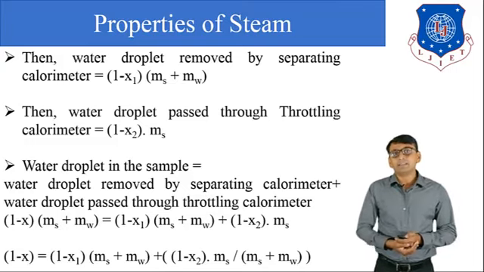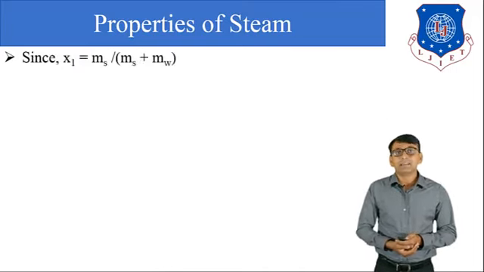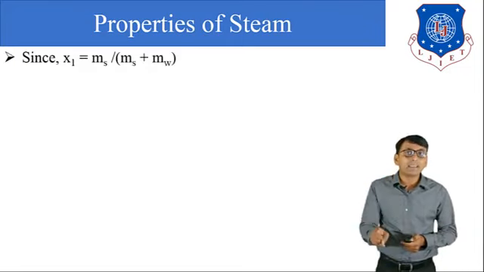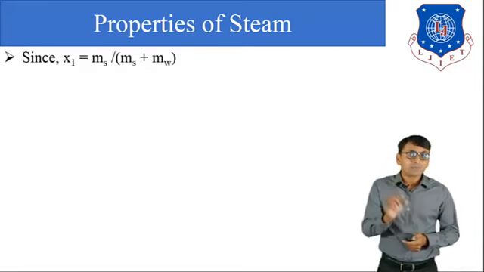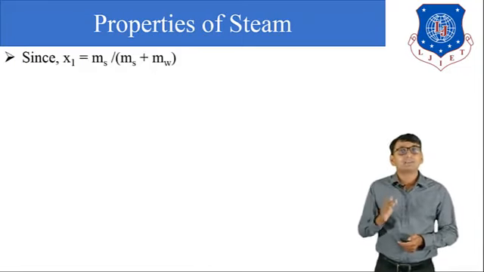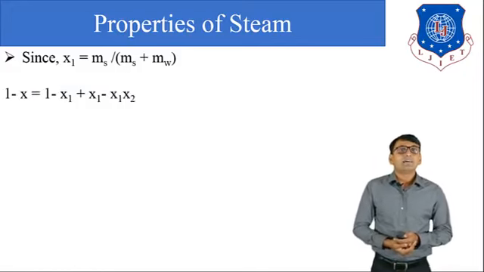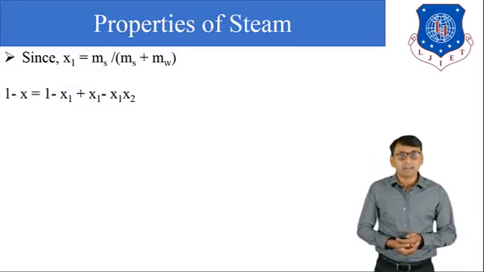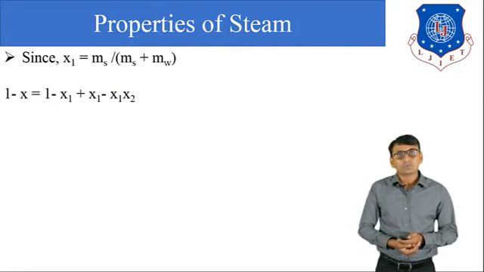Remember one thing: x1 is equal to ms divided by ms plus mw. So we put this value of x1 in the above step, and we get 1 minus x is equal to 1 minus x1 plus x1 minus x1 times x2.